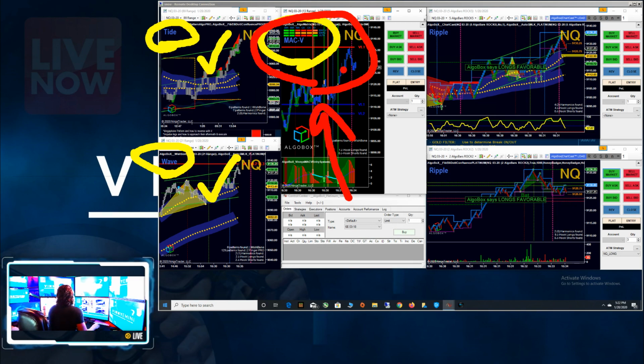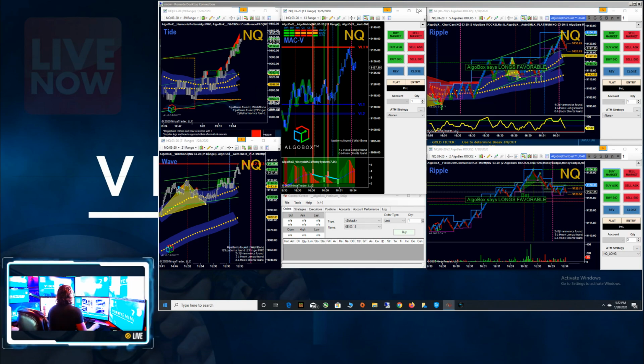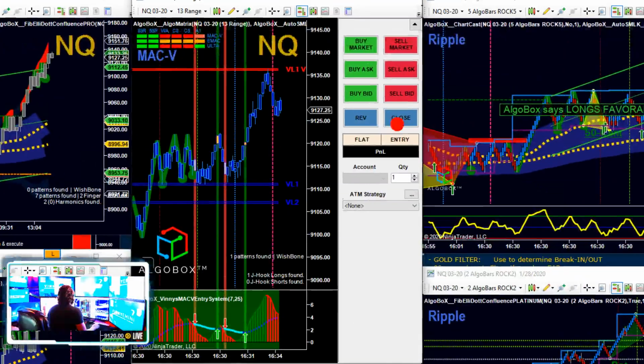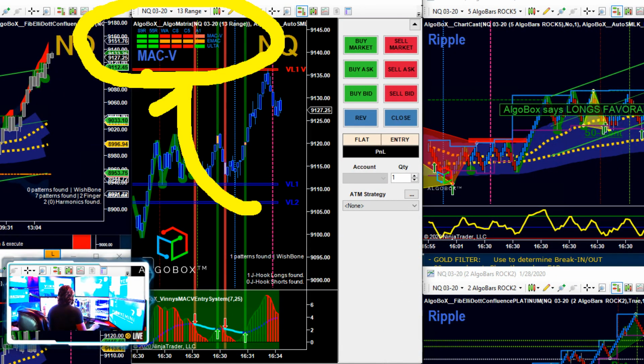It's also the final place that I'm going to be checking in on our new tool called the Algo Matrix. So other things that we're going to add into the mix tonight is that Algo Matrix. We've had other videos on this, so people who have been around a while know what we're doing with it, but this allows you to see the multiple time frames at a glance.